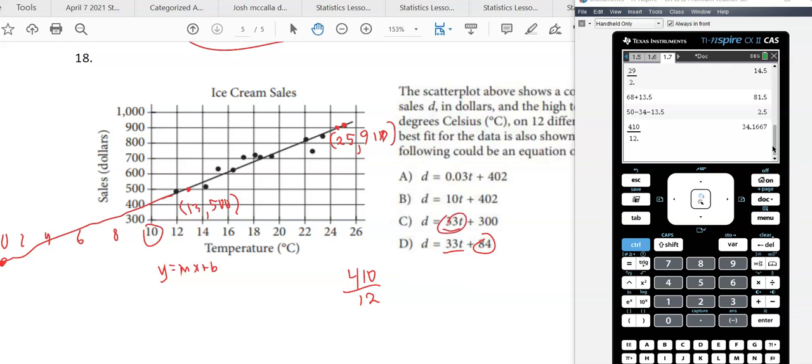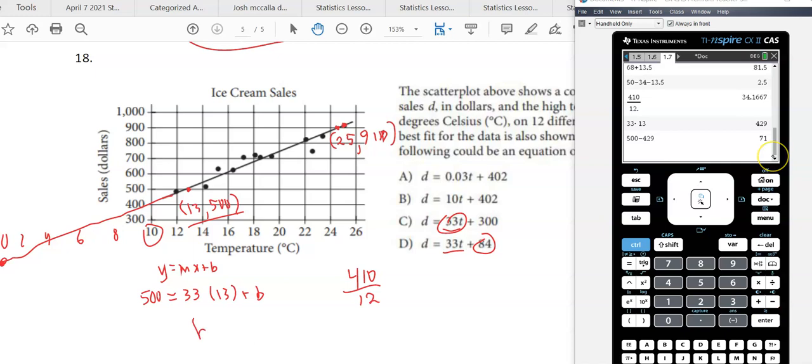I know I guessed 34 a minute ago, but let's take one of these points. Let's take this point. So y is 500, x is 13. We don't know b. So 33 times 13, subtract that from 500.